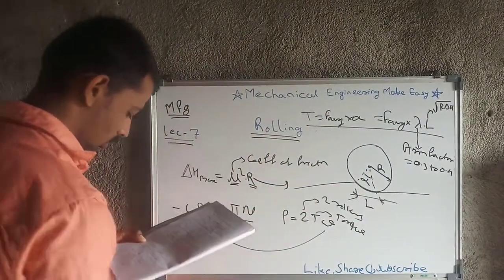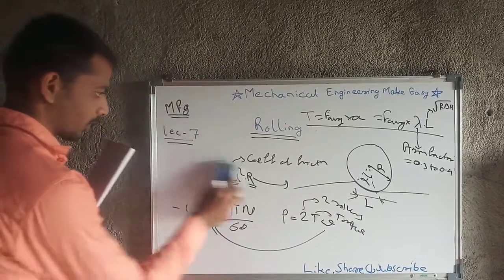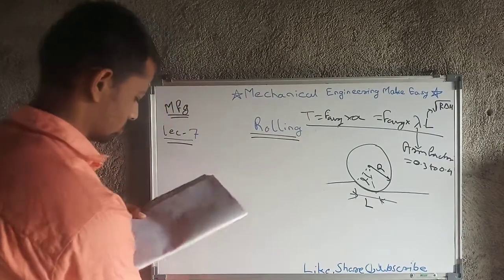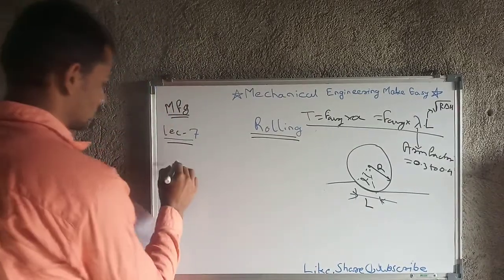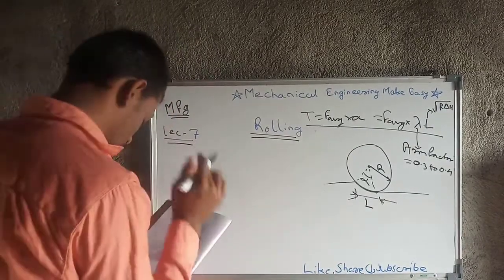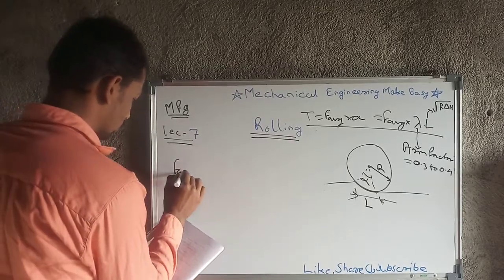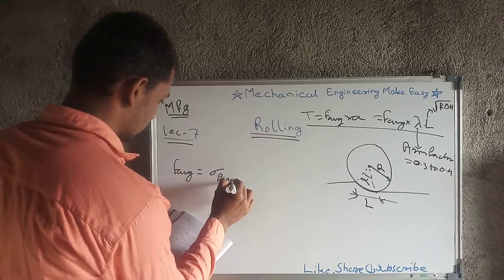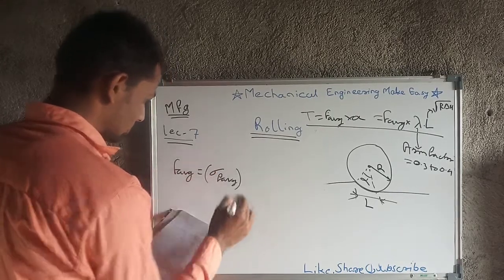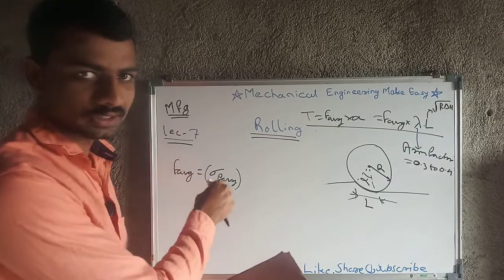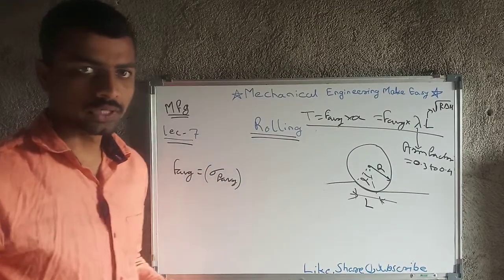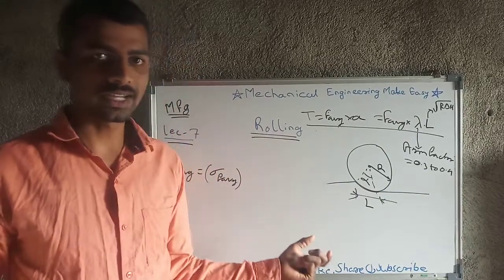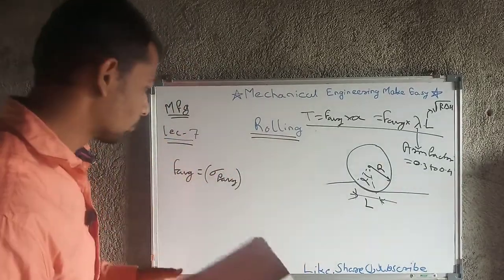Then we have the formula for F average. F average is nothing but sigma F average, which means flow stress, the average flow stress. We have discussed the average flow stress in the previous lecture. So if you haven't seen that lecture, go and watch that video also.